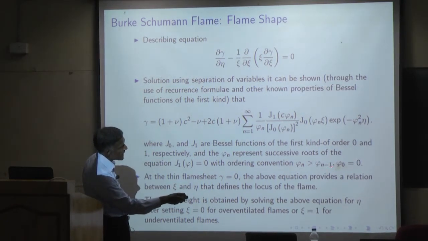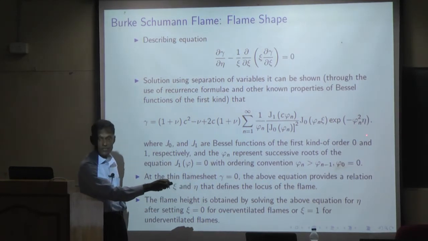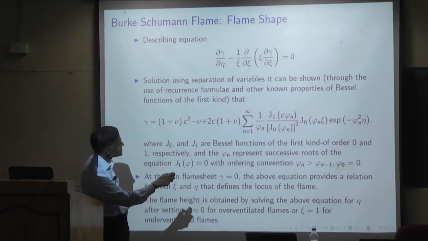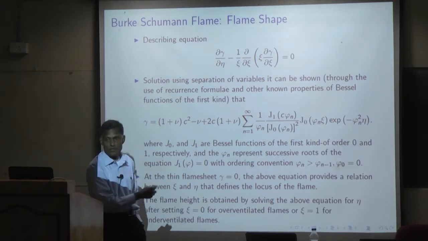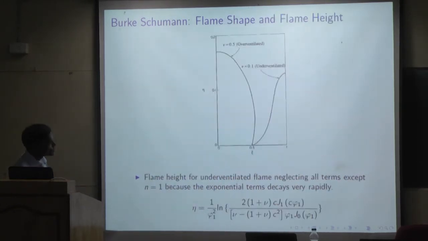So it is sufficient to take perhaps one term, or at most two terms, in the exponential. I can neglect the rest. So in this expansion, it's sufficient to go from n equals 1 to perhaps 2, or even the first term is sufficient. By doing that, you can get the flame shape.